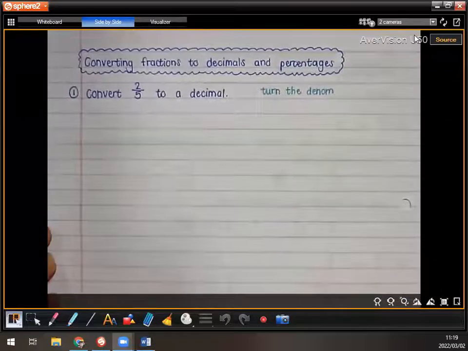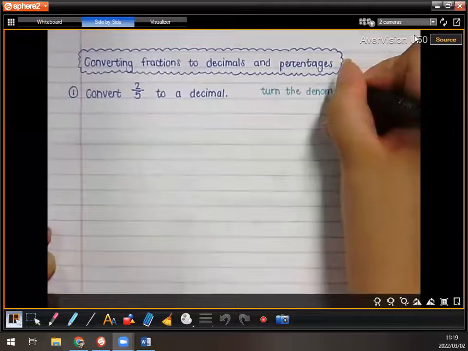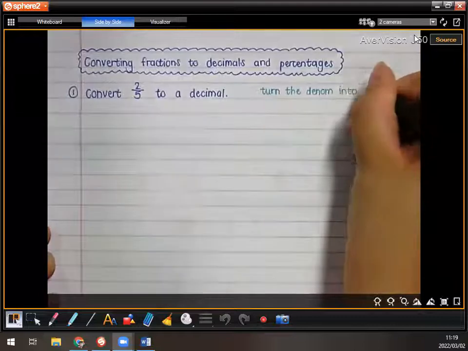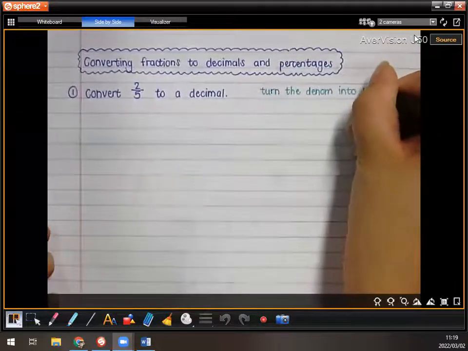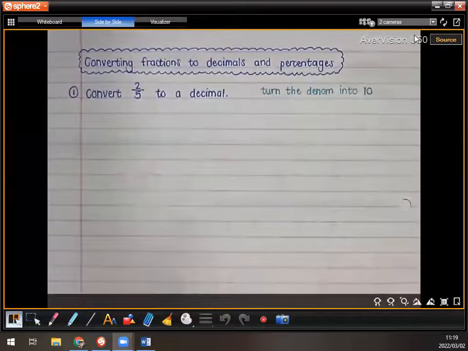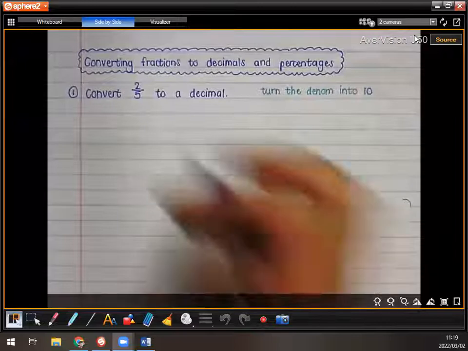I'm tired of writing it out. Turn the denominator into 10. Or another multiple of 10. We'll see in another example. Right, so it always has to be a 1 and then however many zeros you have there. So you're going to have 2/5.